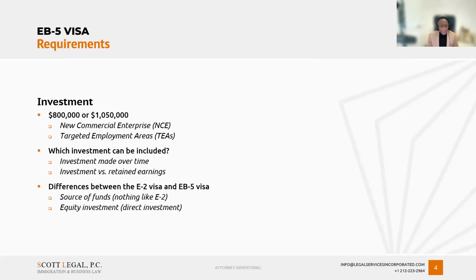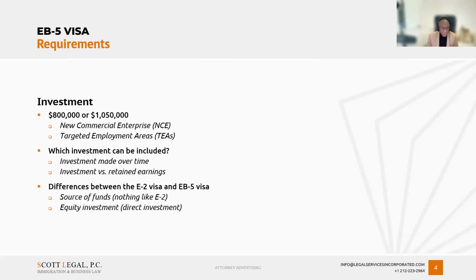Also, you have to be very, very careful with respect to money that's paid back to the owners or investors, or their family members. That's another thing that is going to be very important. We're going to go through an example at the end of the EB-5 presentation that illustrates some of these points. But the one very important thing to take away is that the EB-5 program is extremely exacting.